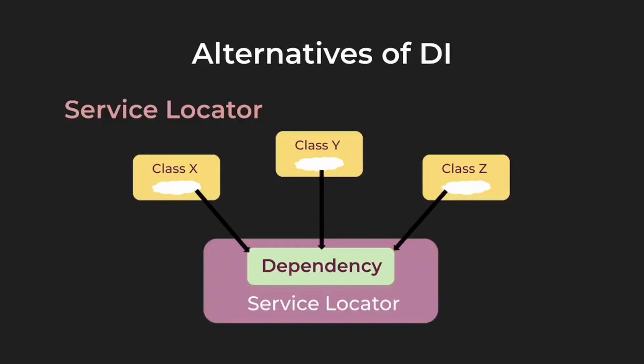Now I will talk about the alternatives of dependency injection. Service locator. Service locator is nothing but a singleton class that creates and stores dependencies, and then whenever it is asked, it provides those dependencies. So here the classes X, Y, and Z are getting their dependencies from the service locator.